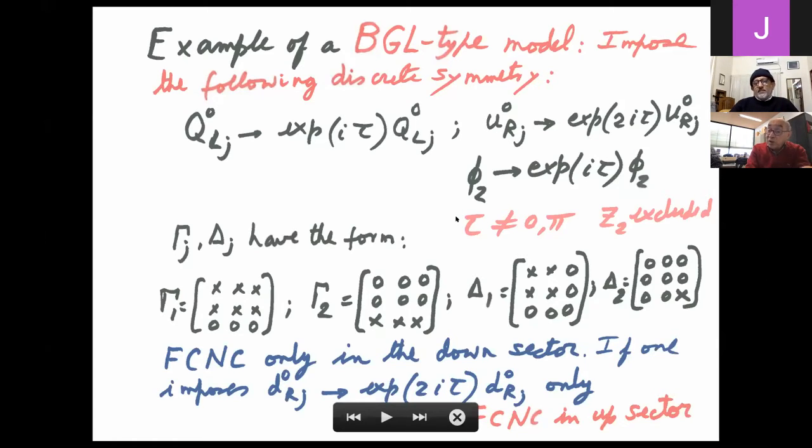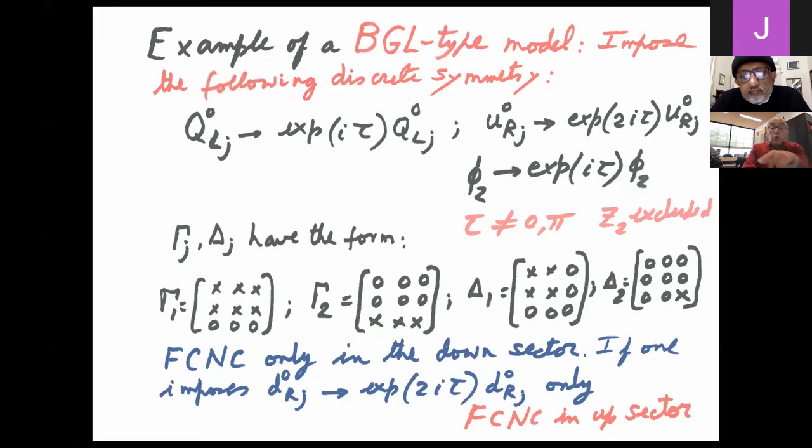So Z2 is not allowed here. The shape of the matrices, given this symmetry, leads to the result that, for example, the coupling of phi 1 to the downs only gives mass to two lines of the mass matrix of the down sector, and the second one only gives mass to the third line.